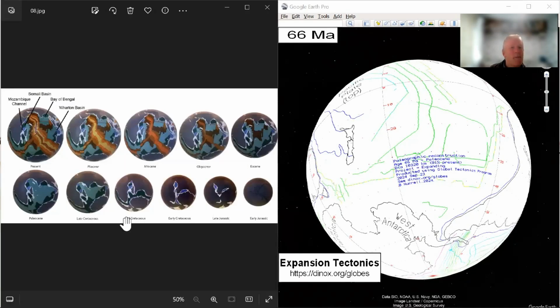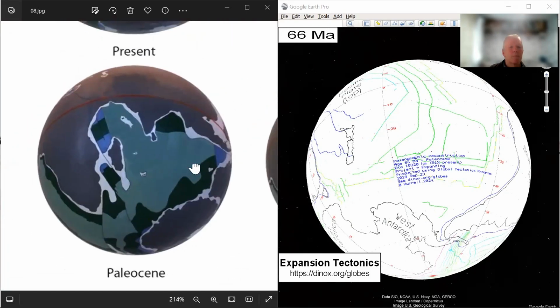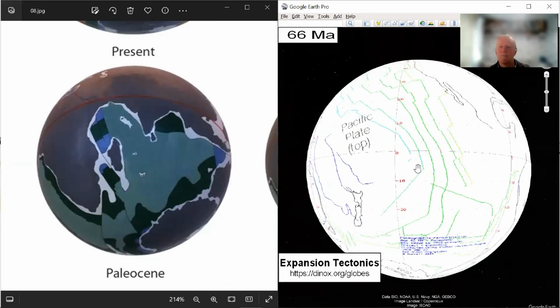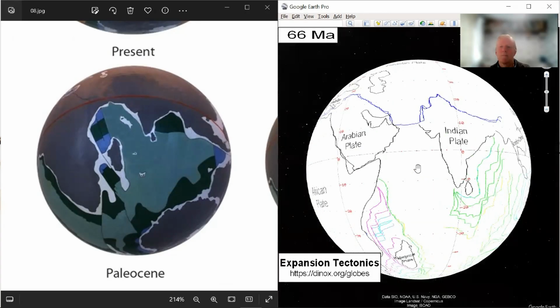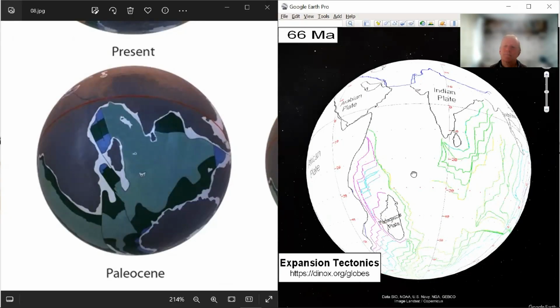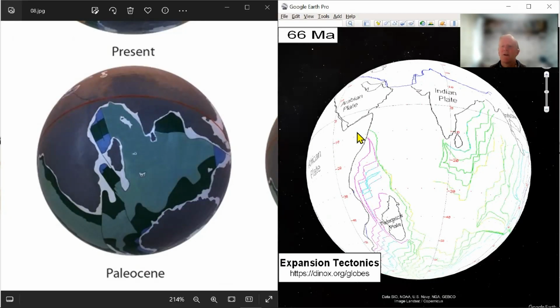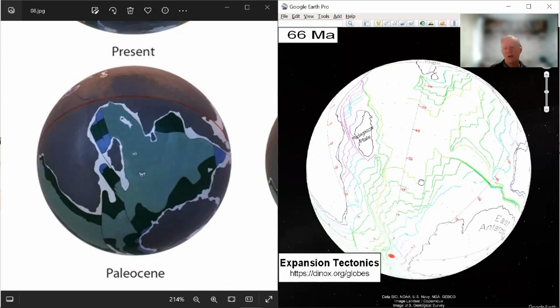What's the next one? So yeah, that looks a little bit different. It looks like my northern continents are slightly higher up than James Maxlow's, but apart from that, it looks pretty similar, I would say.